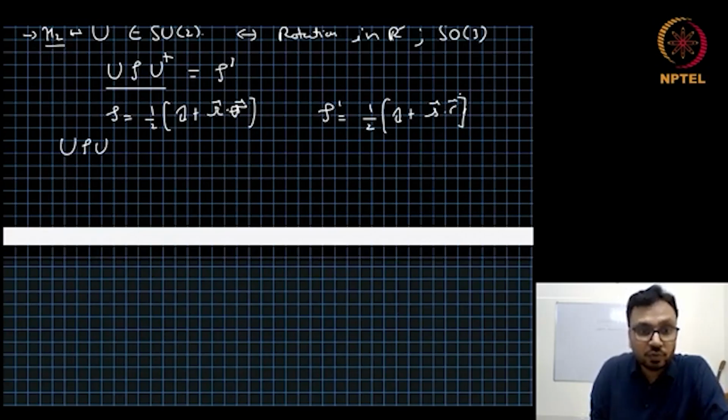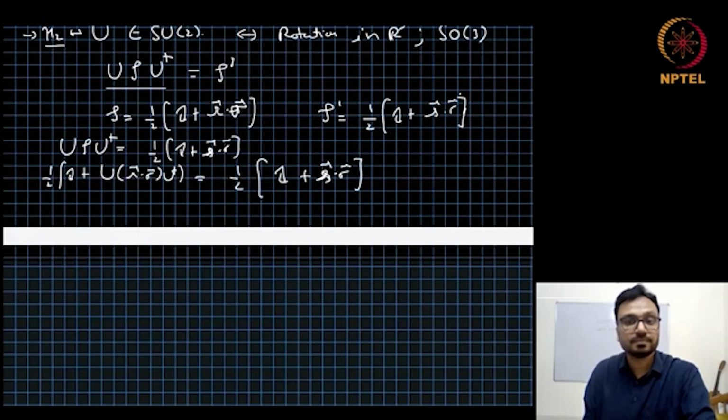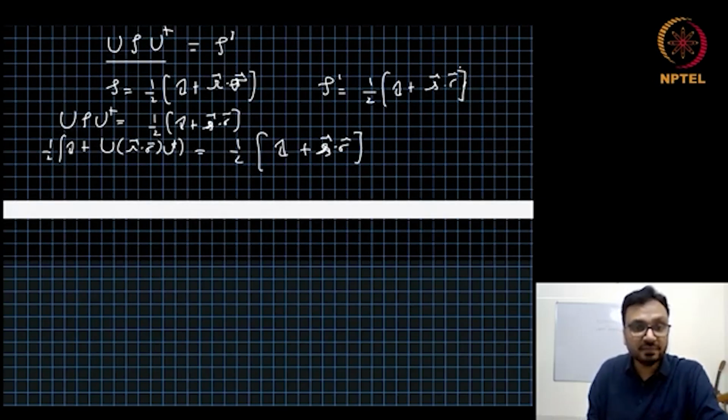Now U rho U dagger is equal to half identity plus S dot sigma. Here it is half identity plus U (R dot sigma) U dagger equals half identity plus S dot sigma. Comparing the two sides, we get U (R dot sigma) U dagger is S dot sigma.